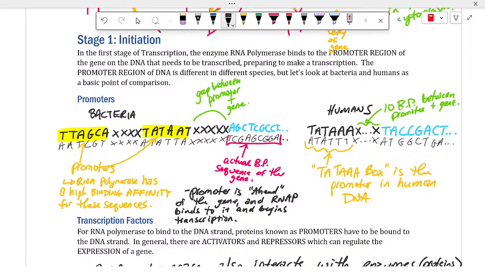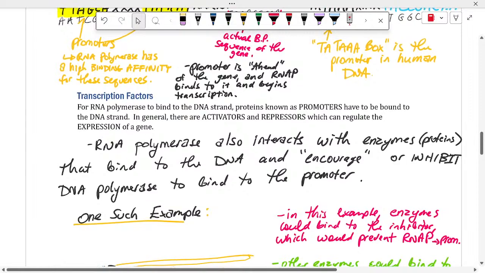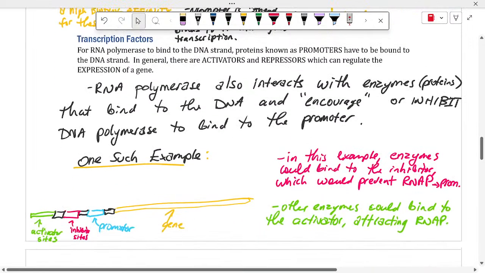So there's a lot that goes into that, gene control. But at its most basic, we want to talk about transcription factors. And the basic idea there is that just like RNA polymerase interacts with the promoter by being able to bind to it, you can have other sequences out in front of the promoter that different enzymes can bind to.